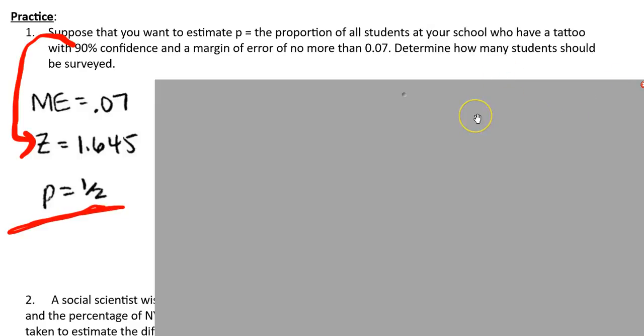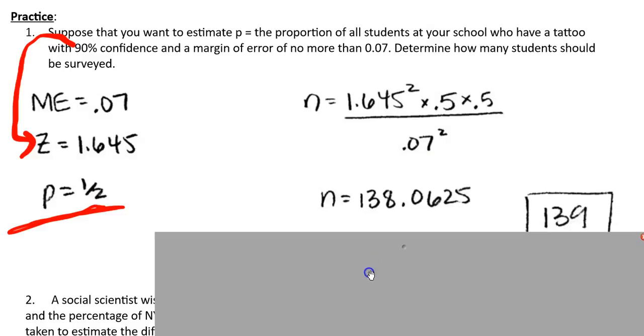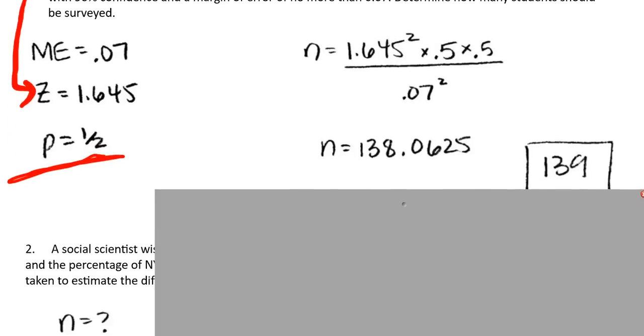I know that's probably a generous estimate, but I don't have previous data to go off of. So if I plug everything into the N formula, Z squared times p hat times q hat over E squared, I get this decimal, and to be safe, I always round up. So I would need 139 students.